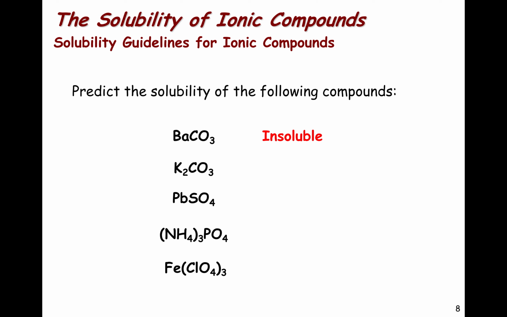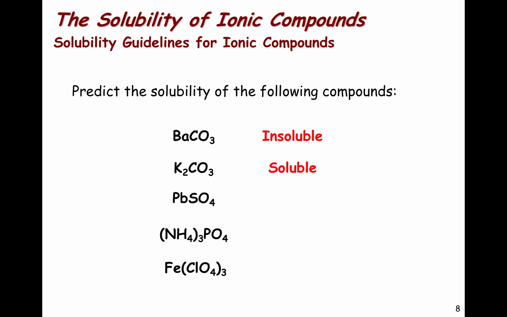The second compound here is potassium carbonate. Again, most carbonates are insoluble, but potassium is one of the exceptions. Whenever you have a group 1 ion, we will generally have soluble compounds. So this indeed is a soluble compound.